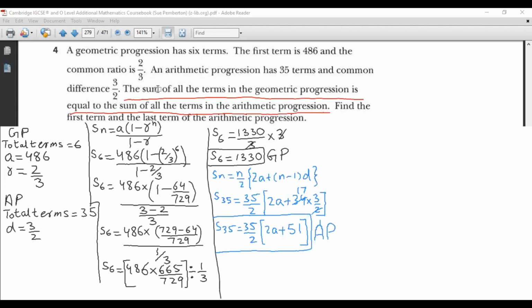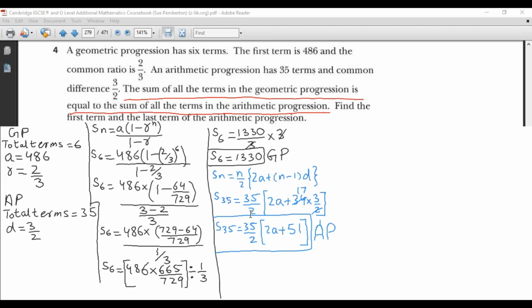See the underlined line: the sum of all terms in the geometric progression is equal to the sum of all terms in the arithmetic progression. They are saying these two things are equal to each other.